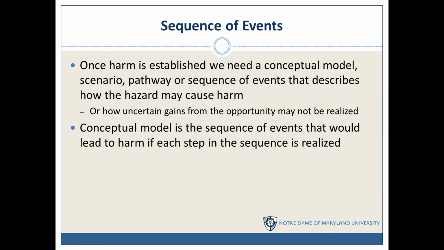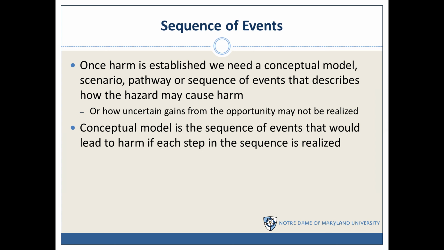These are all different terms that basically mean the same thing, and that is, tell me how this harm happens. If we're talking about an uncertain gain, then we are talking about identifying a sequence of events that's necessary for that opportunity not to be realized.